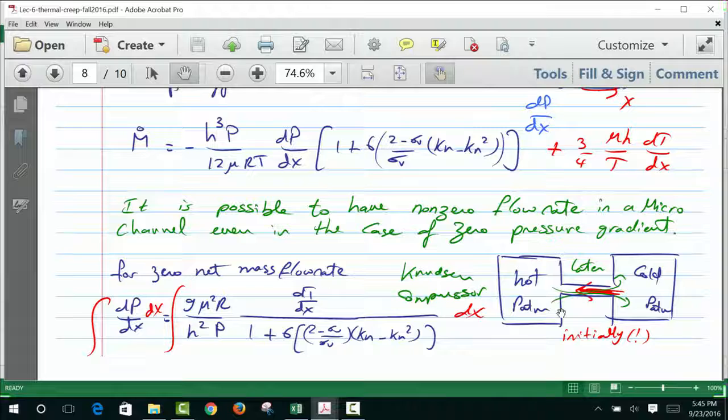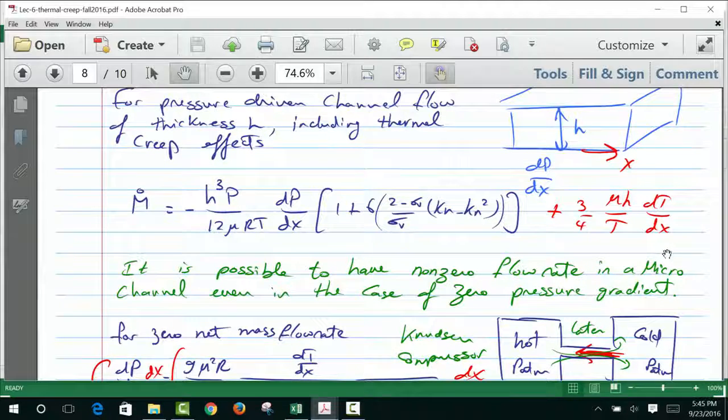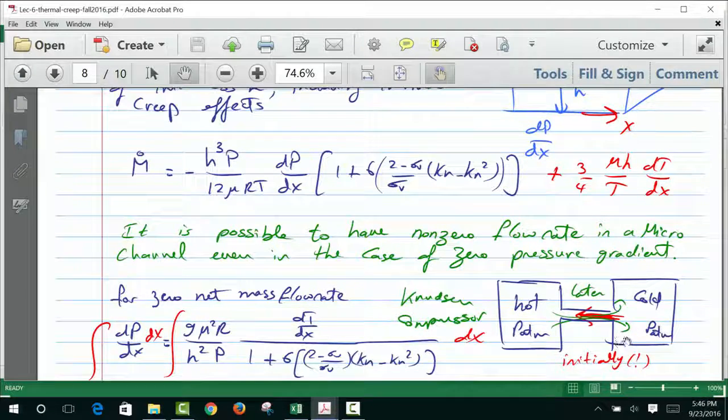All right? I mean, cancel this, and consequently, if we imagine those two tanks connected to each other like this, and one of them is hot and one of them is cold, the temperature gradient will start pushing the flow until what?